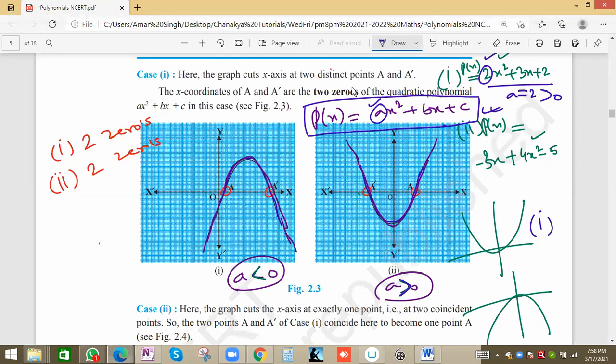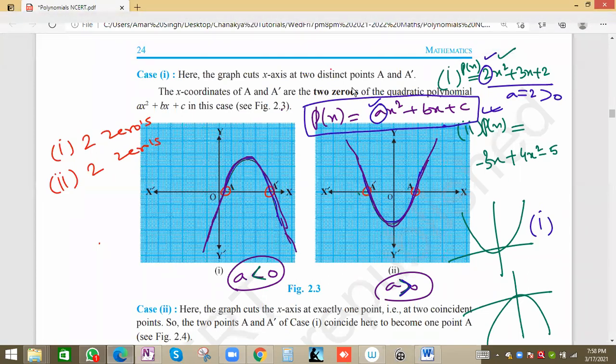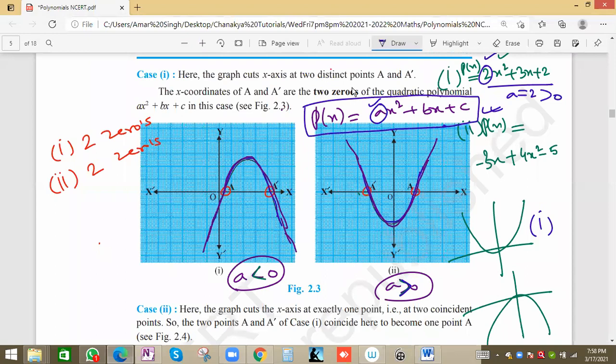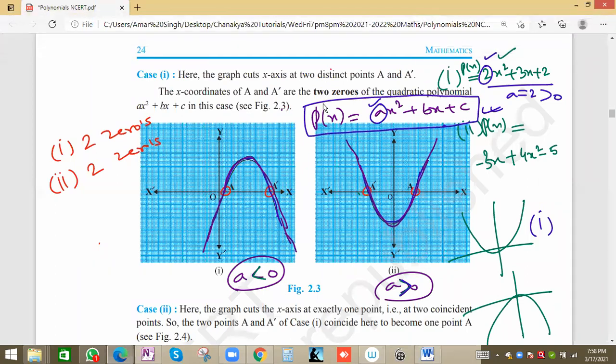For the second case, Tanjila, can you try please? The second equation is p(x) equals minus 3x plus 4x square minus 5. So what will be the nature of the graph? Will the graph open in the upward direction or downward direction? Rashul also can try because I explained the first one.